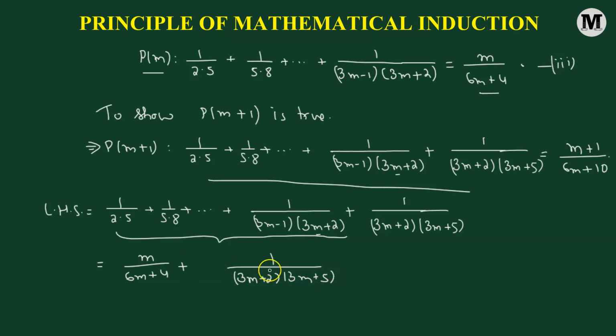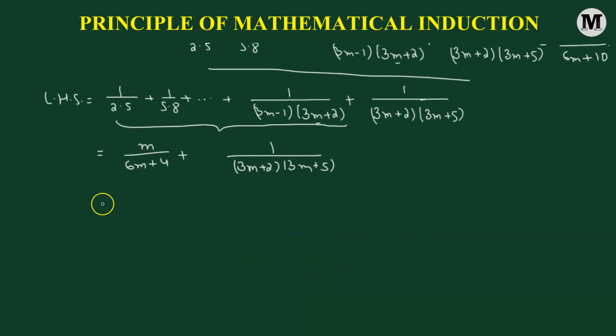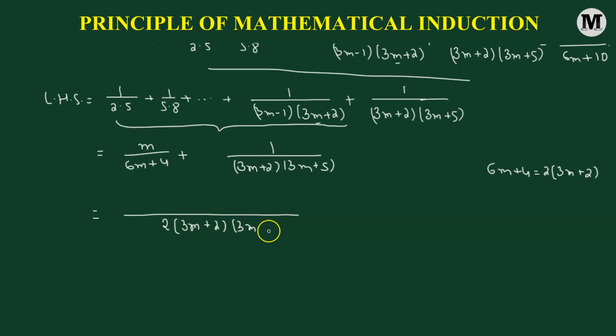Now we'll combine these two terms. What is 6m plus 4? If we take 2 as the common factor, this is simply 2 multiplied by 3m plus 2. So our common denominator will be 2 multiplied by 3m plus 2 multiplied by 3 times m plus 5.